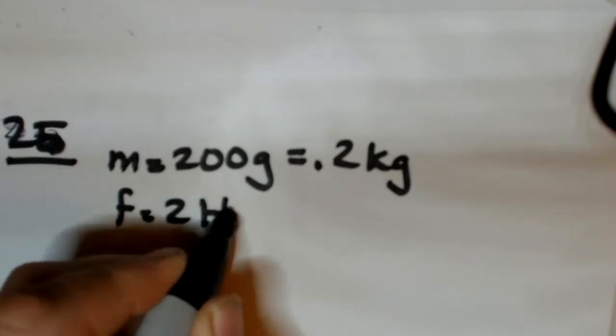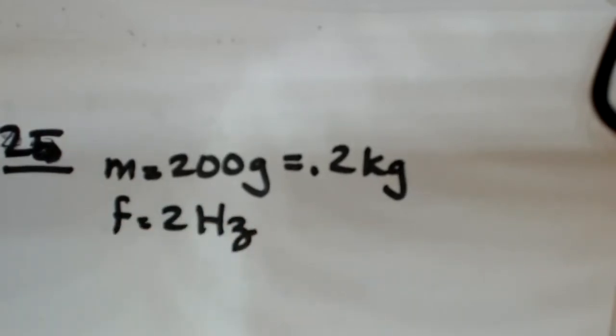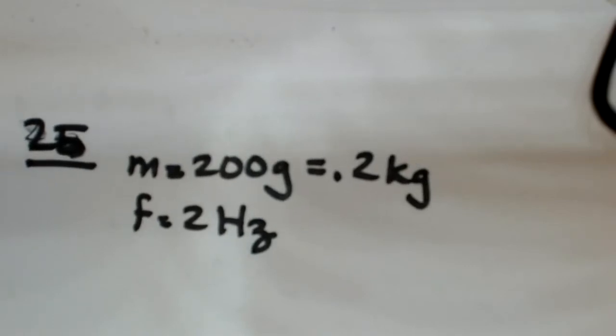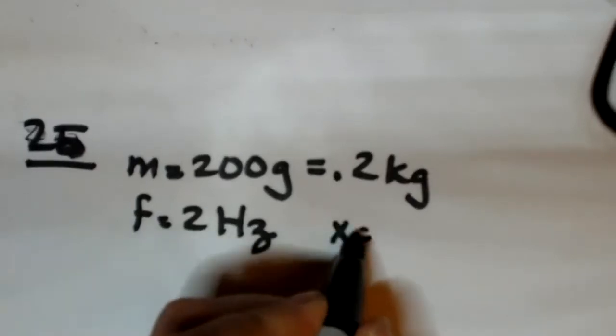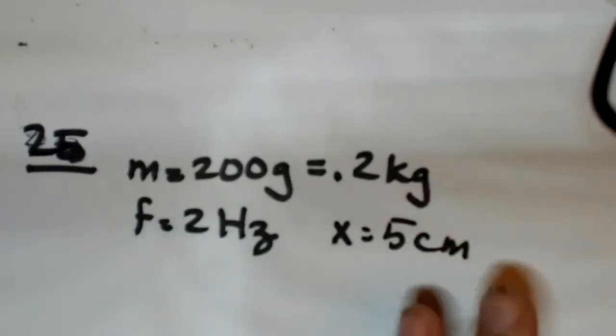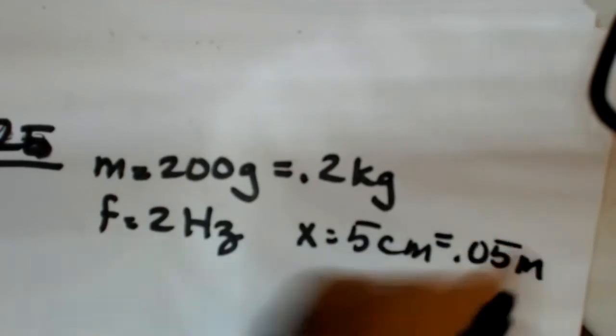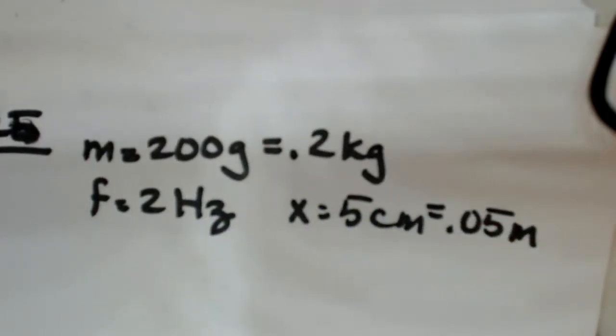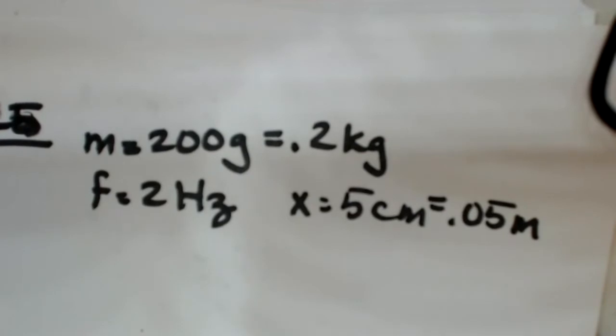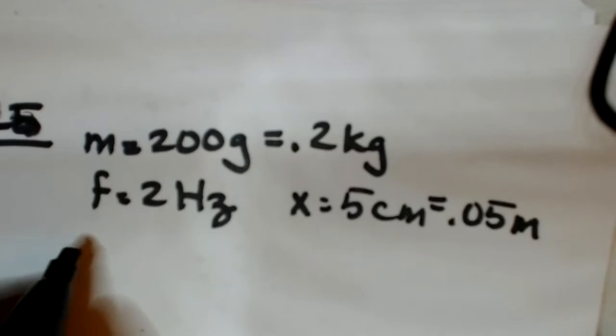And then it says we are at a position of x is equal to 5 centimeters. So again, immediately, I'm just going to go ahead and make that 0.05 meters and get that out of the way so I don't forget. Then it says the velocity is negative 30 centimeters per second in the x direction.